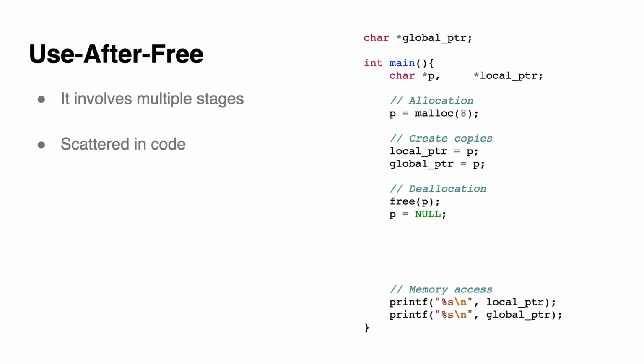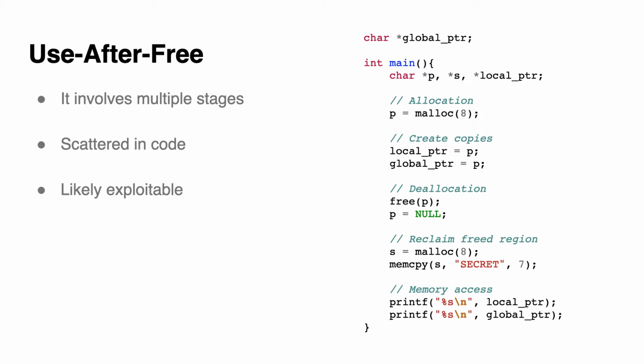After that, use of the dangling pointers will cause use after free. Although all of the code happened in one place in the example, it could be scattered through the source code. And use after free is likely exploitable if the freed memory could be reclaimed between deallocation and memory access.